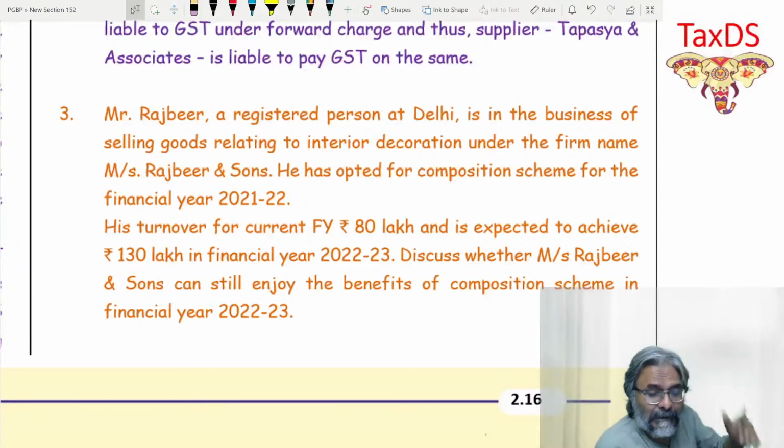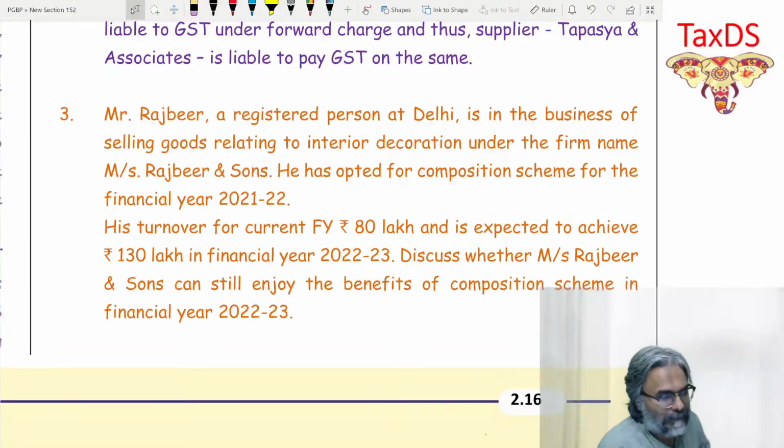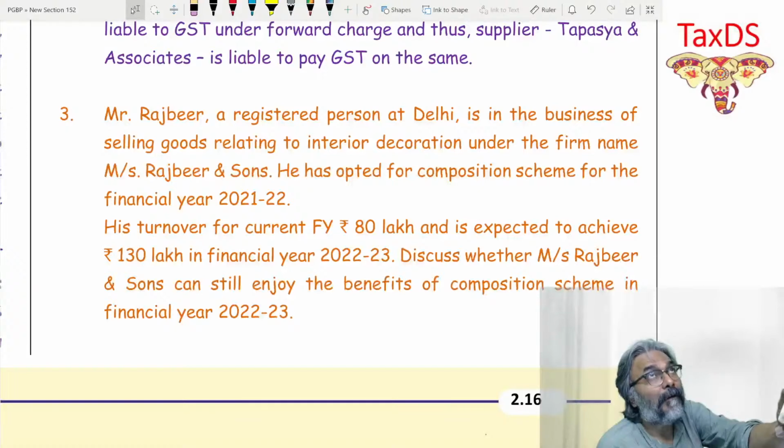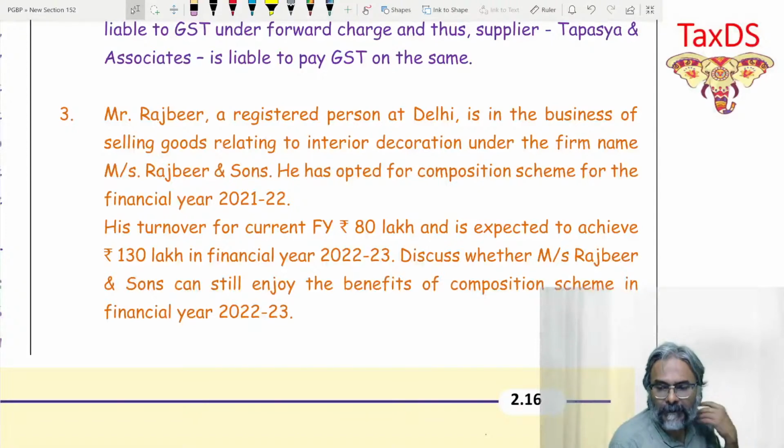Mr. Rajbir, a registered person at Delhi, is in the business of selling goods relating to interior decoration under the firm's name, Mrs. Rajbir and Sons.